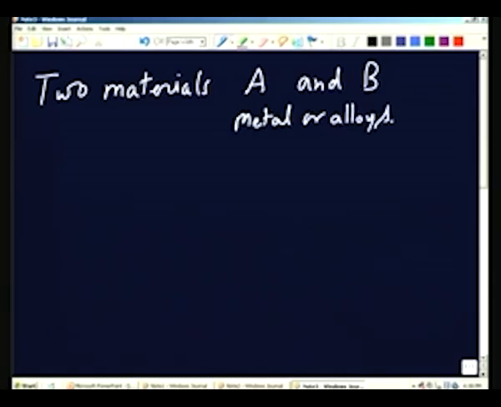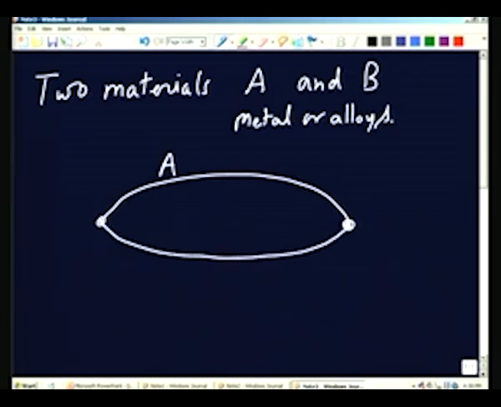And let me consider a simple circuit where we have the two materials connected to form two junctions. This is wire A and I have shown a junction deliberately by a blob there, and this is material B, and this is temperature T1, this is temperature T2, T1 not equal to T2.